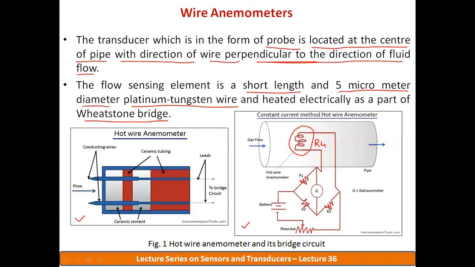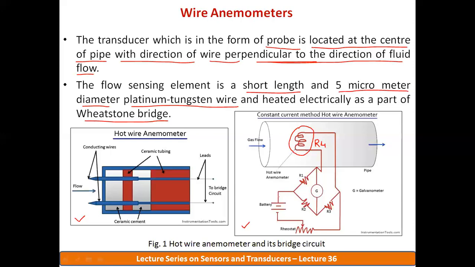Initially this sensing element will be placed in the air. We take it out of the pipe, place it in the air, and apply the voltage to the Wheatstone bridge.